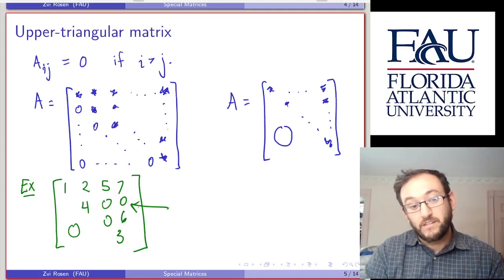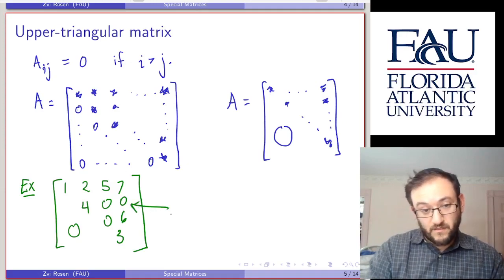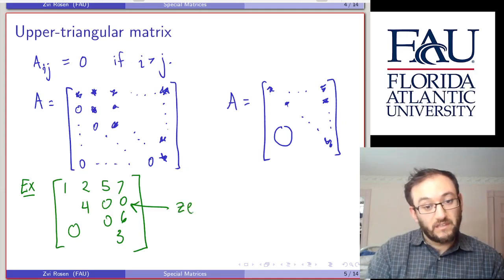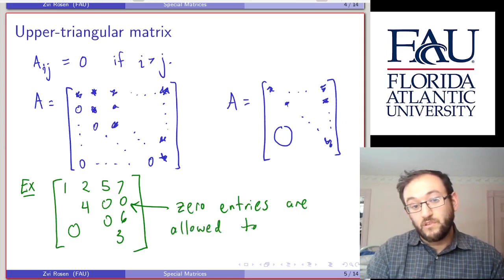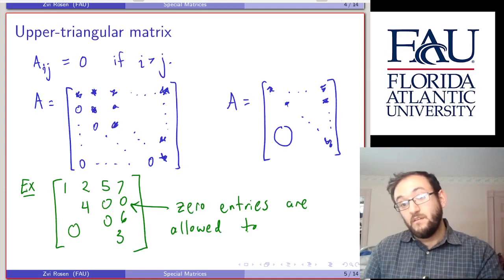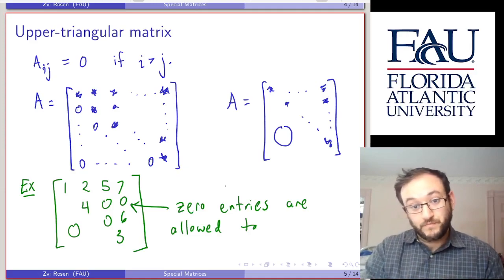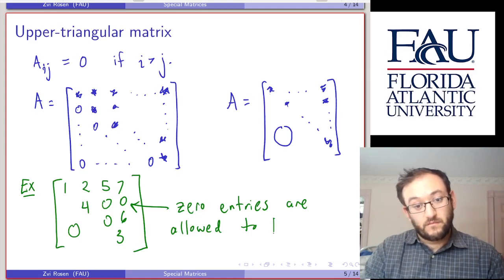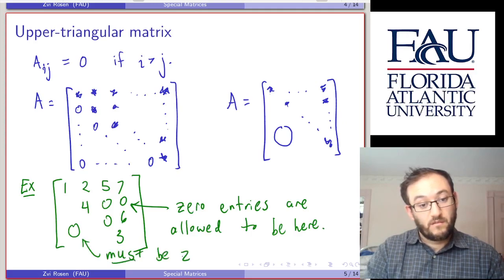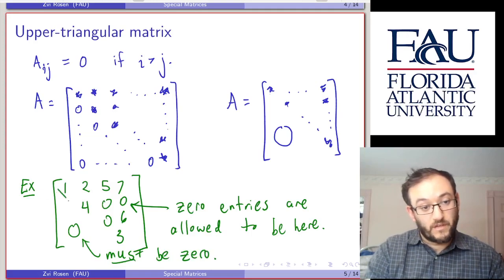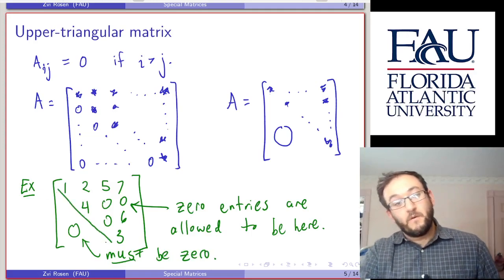Obviously, there are some 0 entries above the diagonal. 0 entries are allowed here. The only rule is that below the diagonal, all the entries have to be 0. These must be 0. And we're talking below the diagonal.